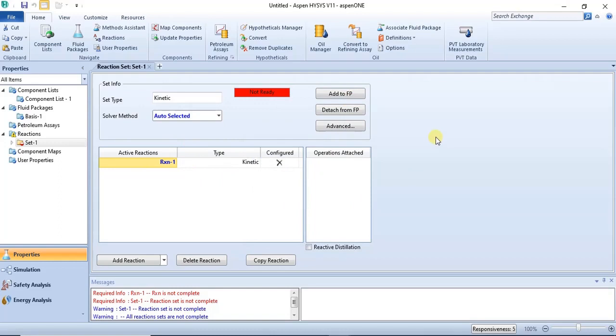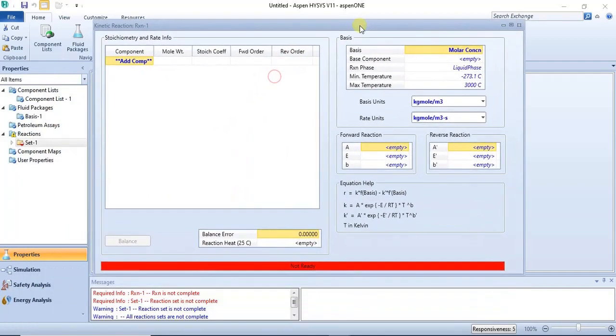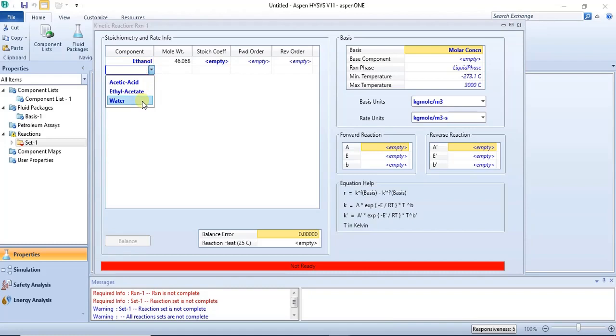So now we can open this reaction window and then it brings us here. So this was what I showed you in the introduction, the kinetic environment. So we add our components, then we have acetic acid.